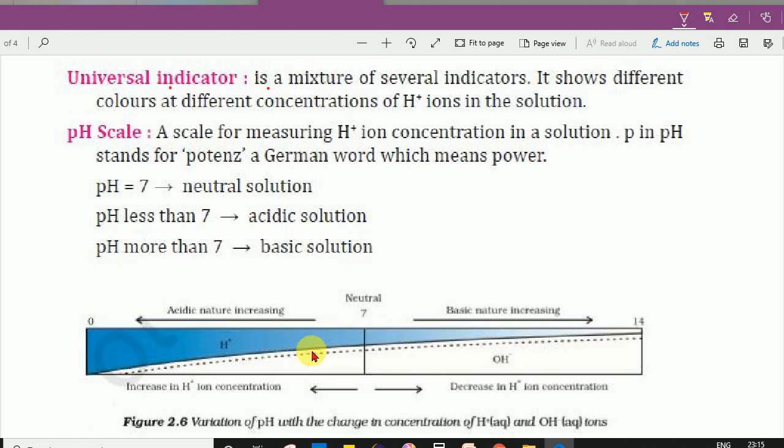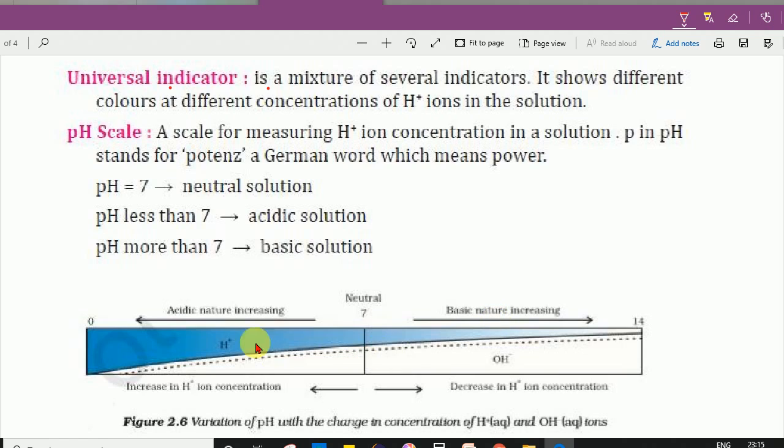For example, you can see in this pH scale, if the solution is neutral, it is in the middle, and the pH scale actually runs from 0 to 14. As in the normal scale in your pencil box, it is 0 to 15 centimeters or 0 to 6.5 inches.